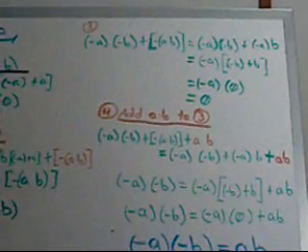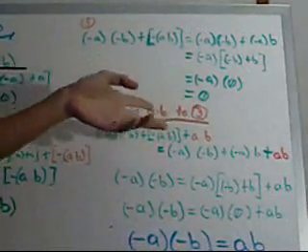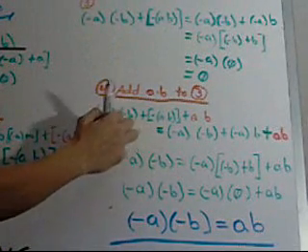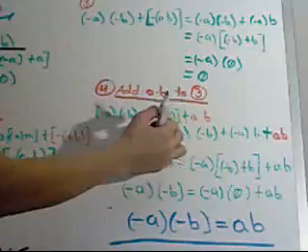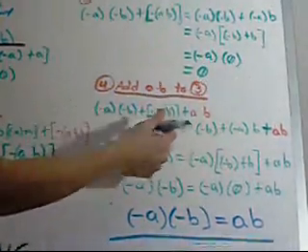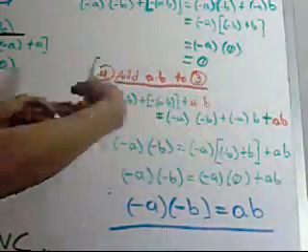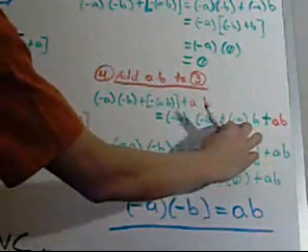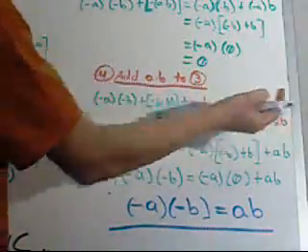Now I'm going to add the positive product ab to both sides. And when I do that, I have (-a) × (-b) plus the negative product of ab plus ab. Okay? And on the other hand, I'm sorry that it didn't fit on the same line, I have (-a) × (-b) plus (-a) × b plus ab.